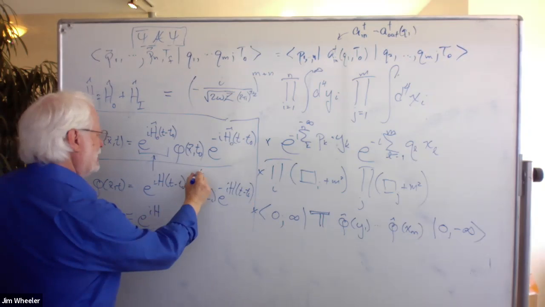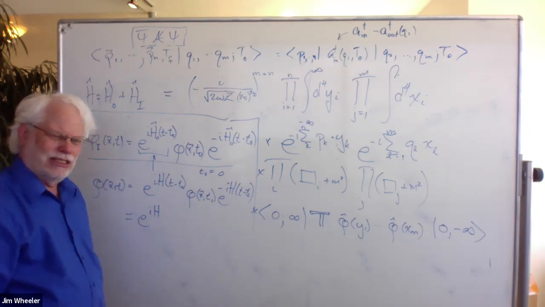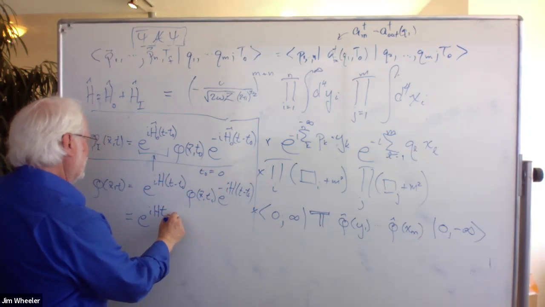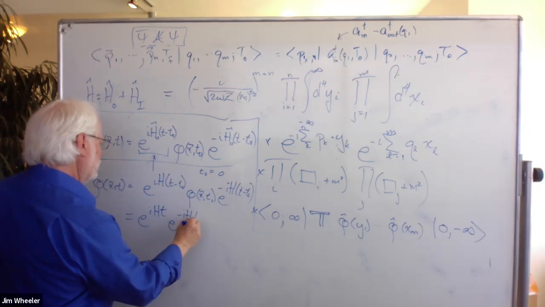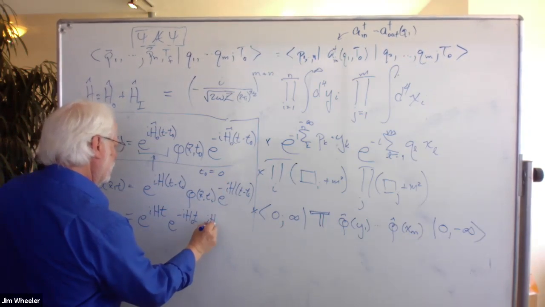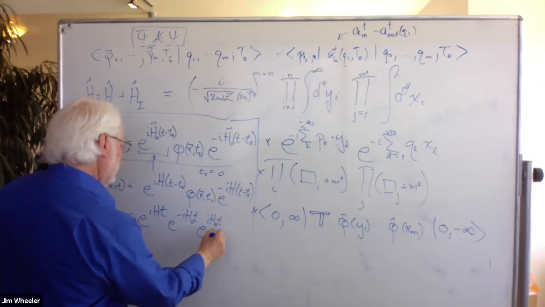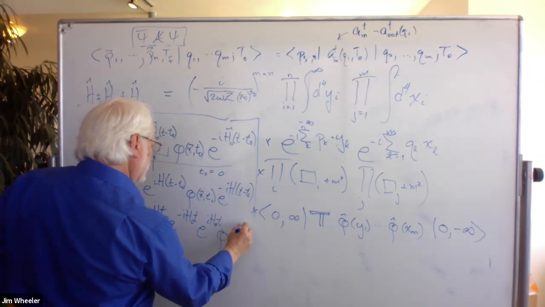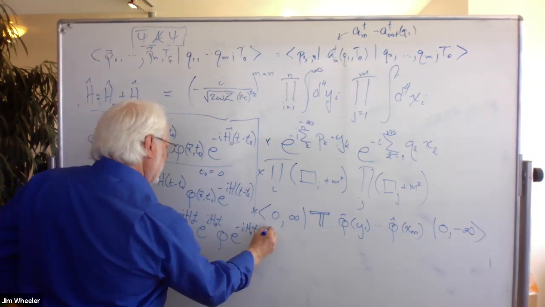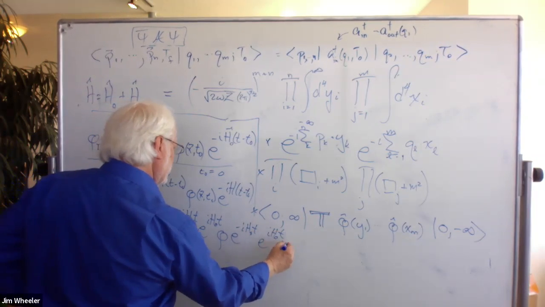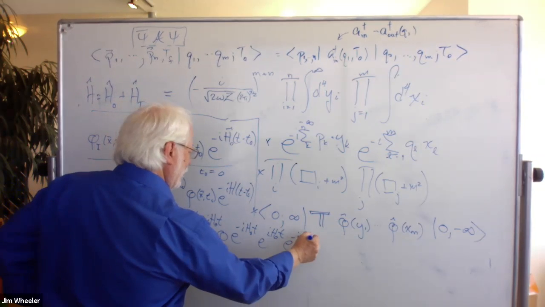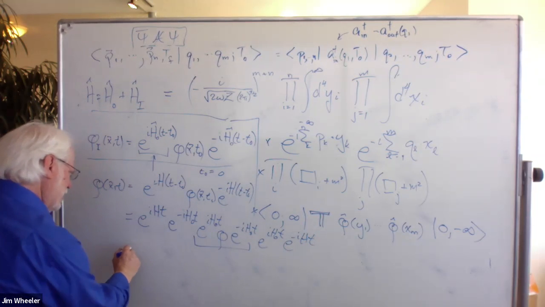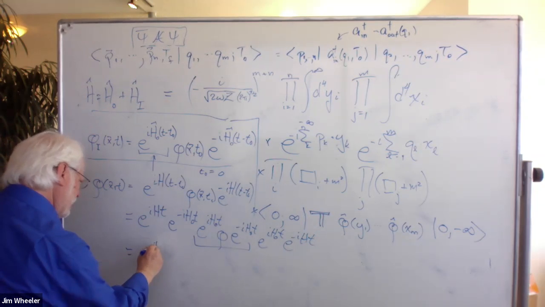Let me just take t0 equals 0 so I don't have to write quite so many things here. So iHt, then we have e to the minus i free Hamiltonian t, e to the i free Hamiltonian t, phi. And then identities on the other side, minus i free Hamiltonian t, e to the i free Hamiltonian t, e to the minus i full Hamiltonian t. And now these inner three become the interaction field.